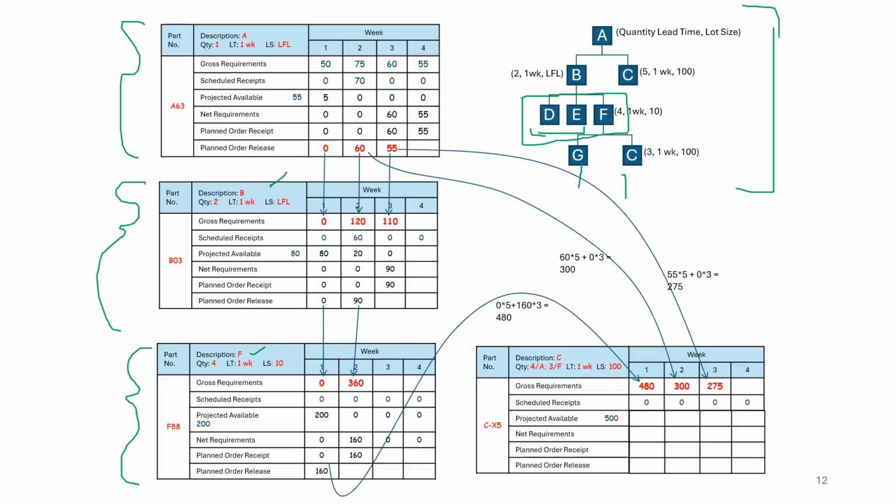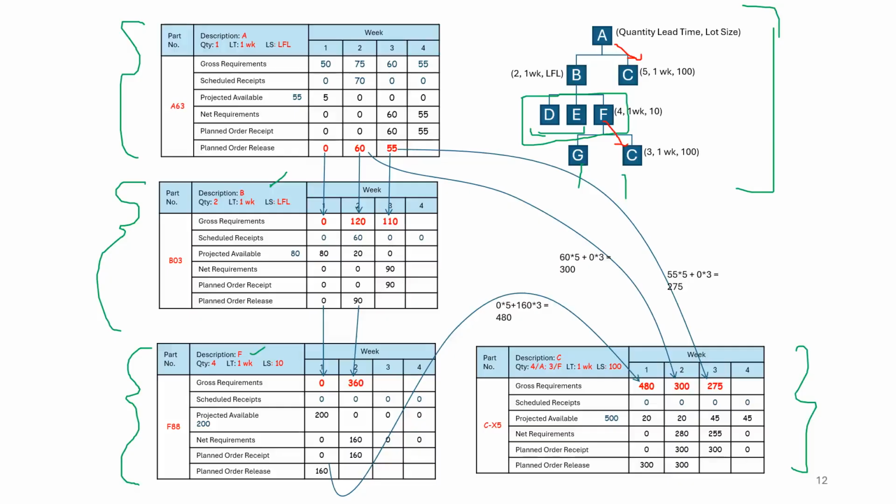So this table over here is the MRP for component C. And the MRP for C depends upon F and it depends upon A as well. So we need to know the POR for A and the POR for F as well.